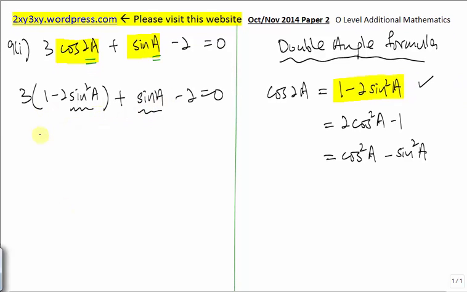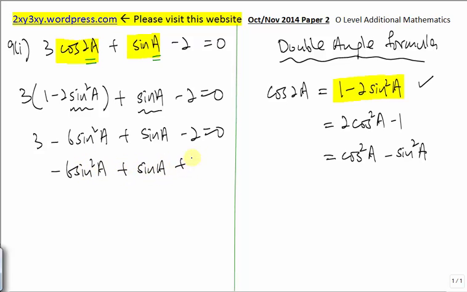Now, let's simplify the expression. Minus, multiply by a minus 1 throughout.